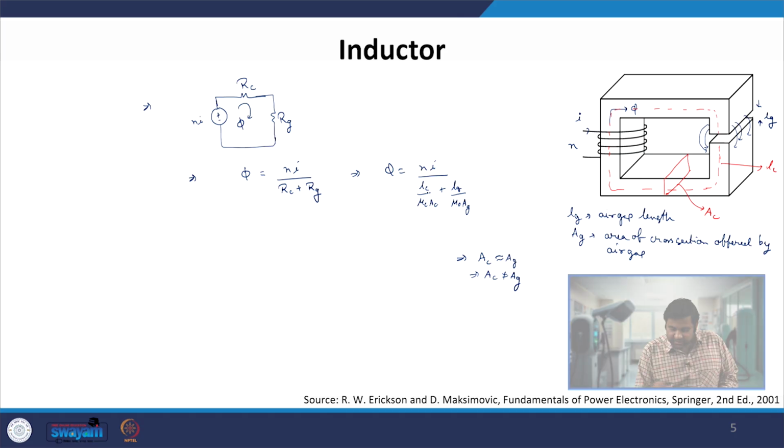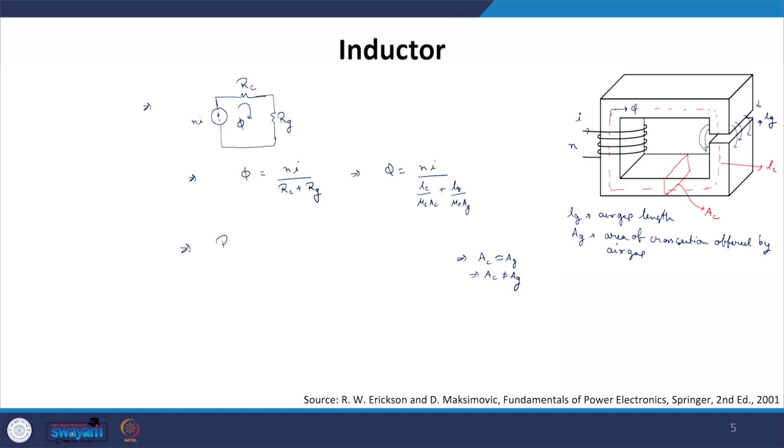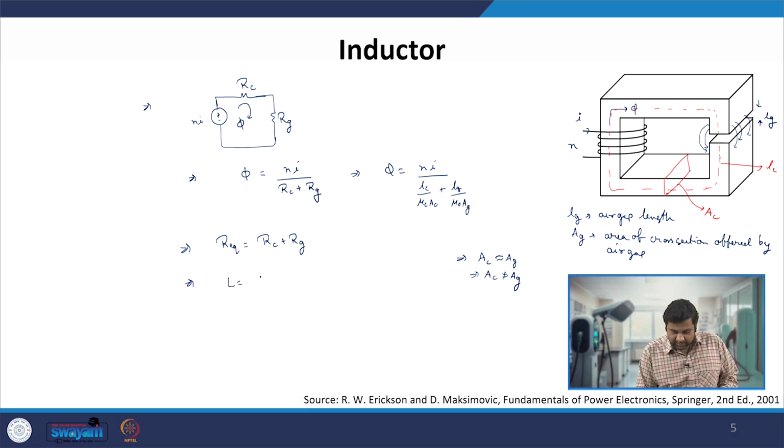Now, the overall equivalent reluctance is nothing but Rc plus Rg, and the inductance of this complex structure is N square divided by R equivalent, which is N square by Lc by mu c Ac plus Lg by mu naught Ag.